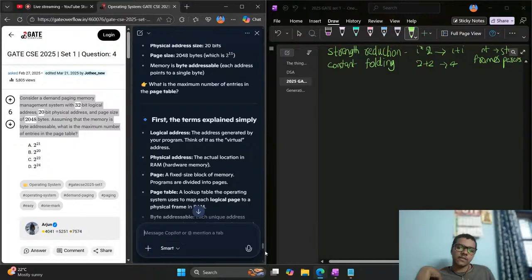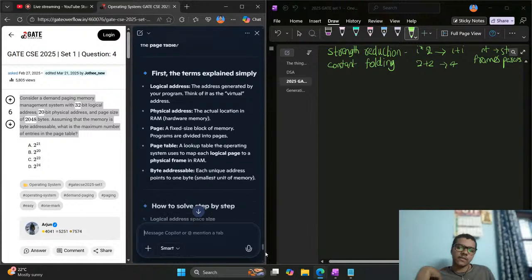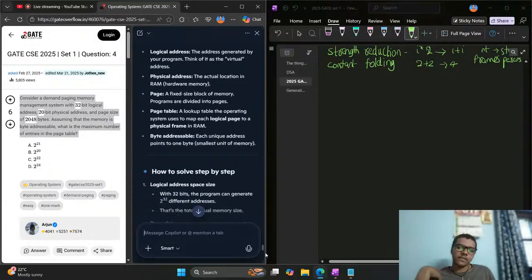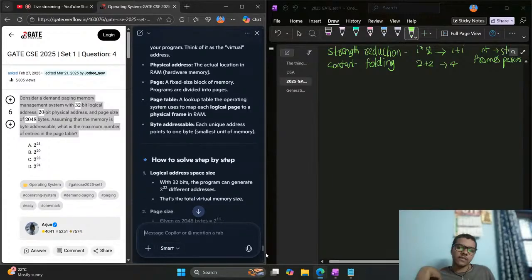Logical address, the address generated by your program. Physical address, page table, byte address. With 32 bits, the program can generate 2 power 32 addresses.